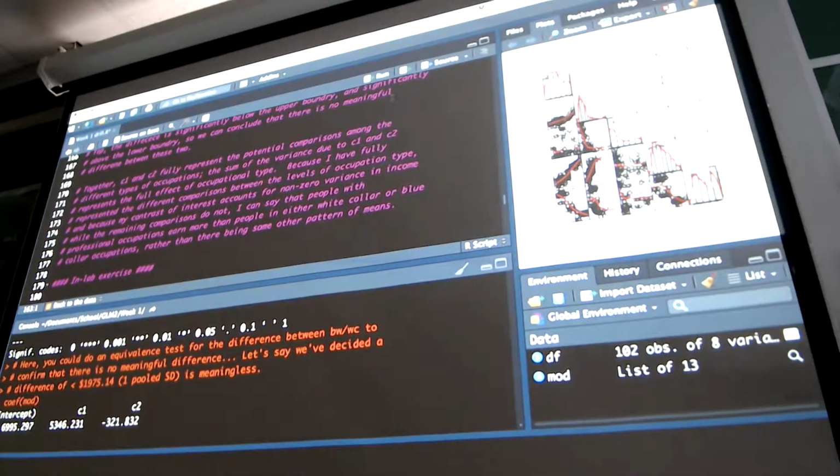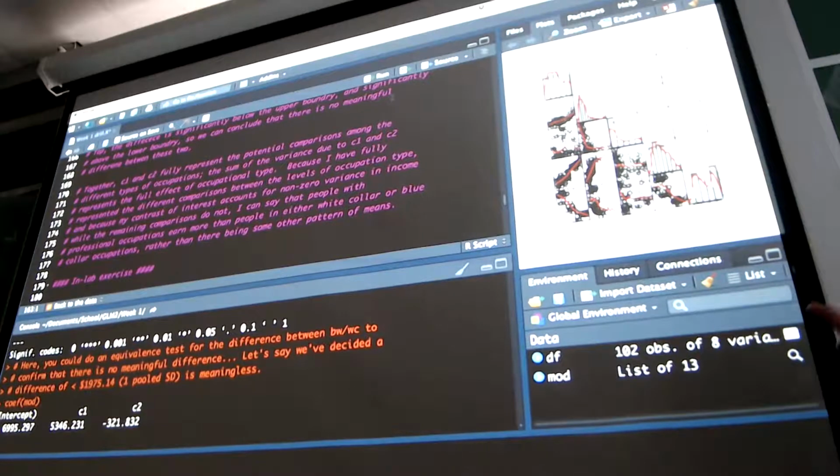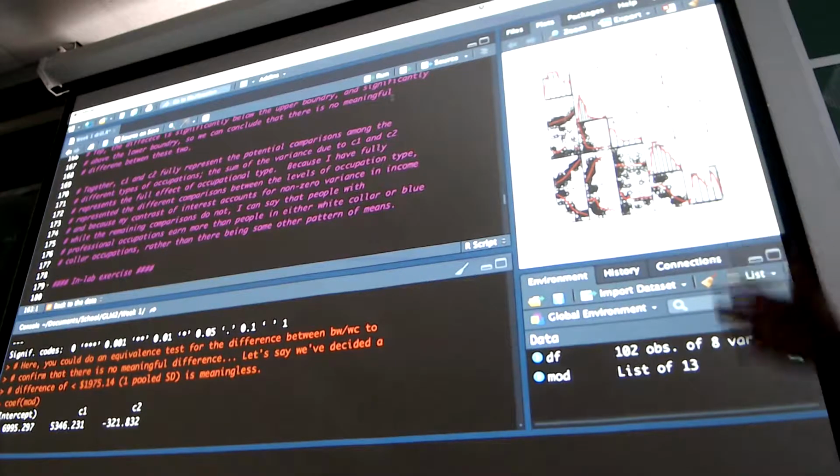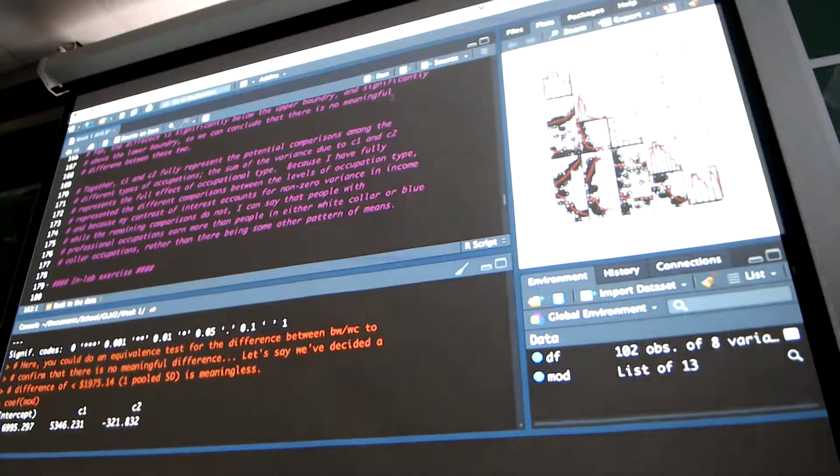Spelling out those comparisons beforehand keeps you from getting into analytically bad-science gray areas of revising what you're doing after the fact based on what your data show you, which you want to avoid to the greatest extent possible.